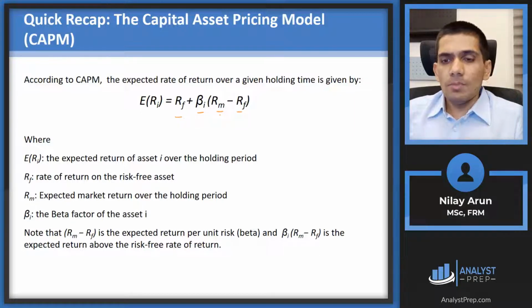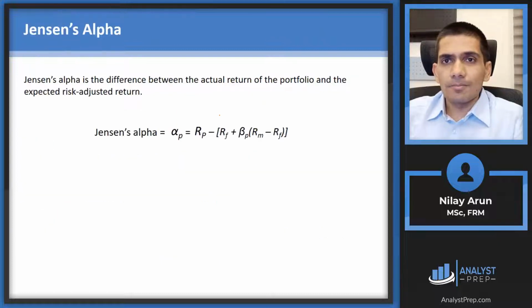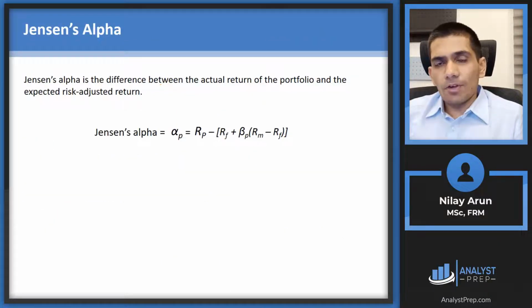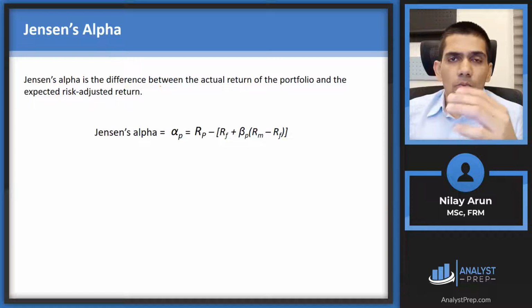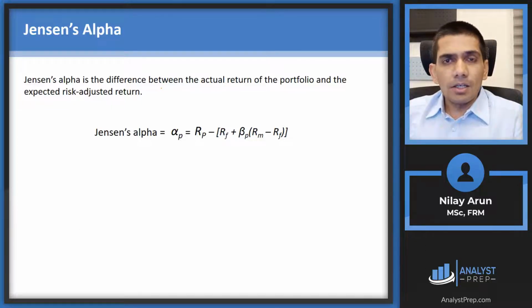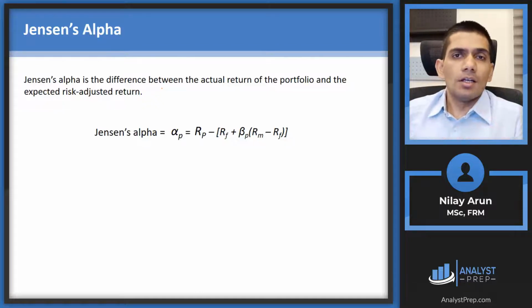Now, what do we really mean by Jensen's alpha? Let's look at that. Jensen's alpha essentially means that we are looking at how much the portfolio has been able to beat the benchmark return. So we are comparing our return, the return of the portfolio in which you've invested, with the return of the benchmark.